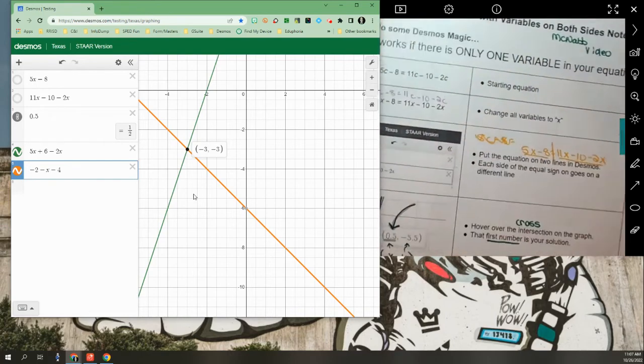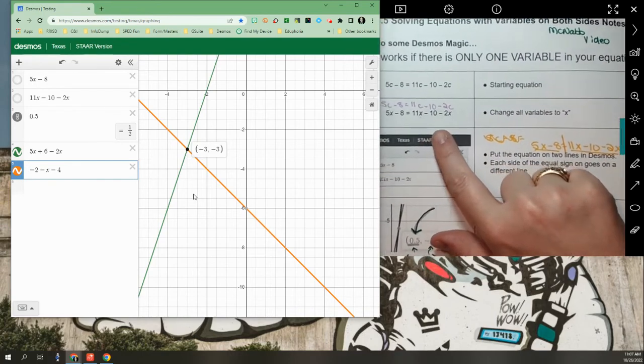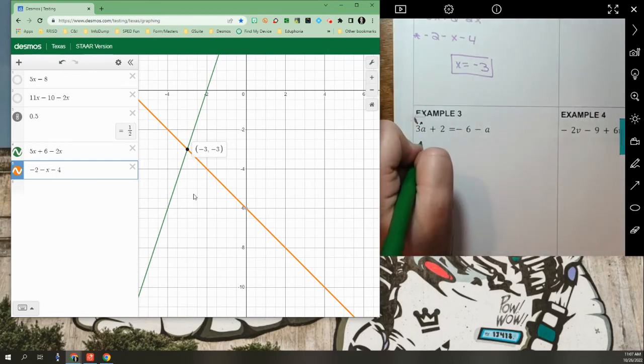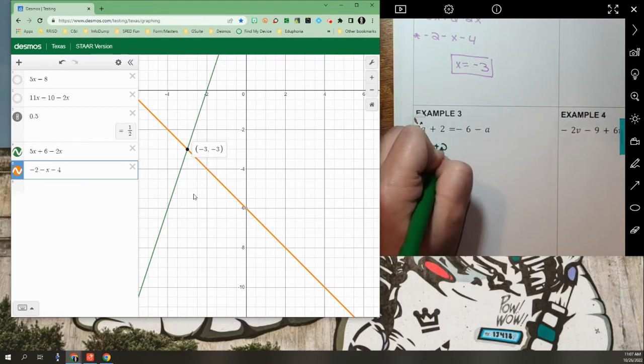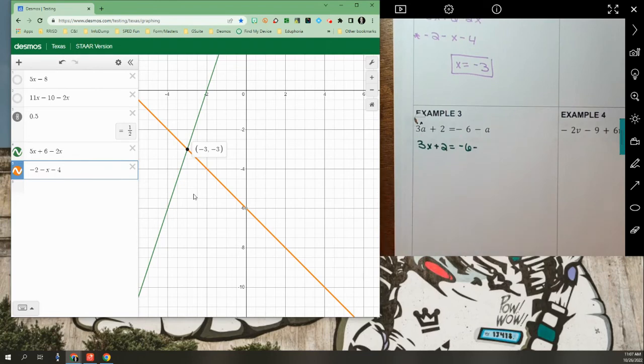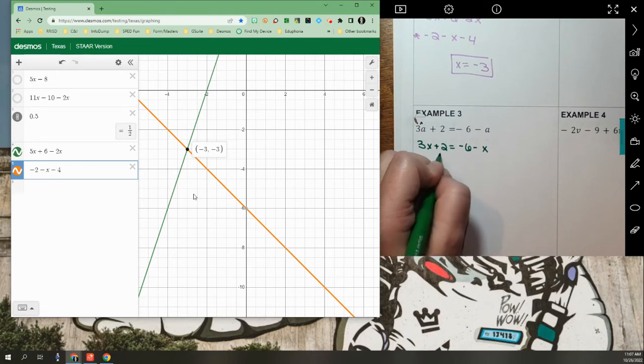I am going to need to change my variables because I don't have x's. So the first thing I'm going to do on example 3 is rewrite it, instead of a, I write x: 3x plus 2 equals negative 6 minus x. Okay, easy breezy. I have my two sides.